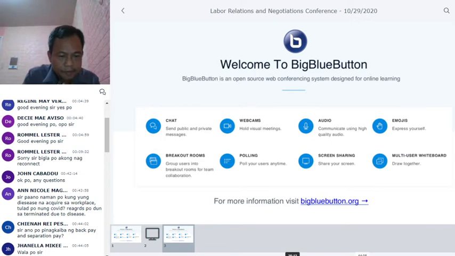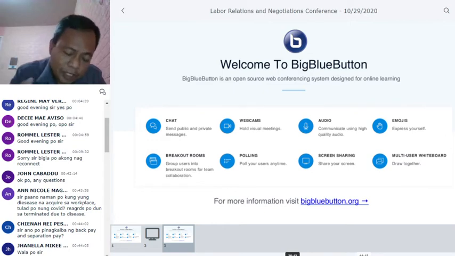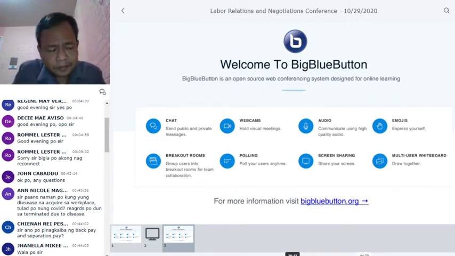So may katanungan po, sir, paano naman po kung yung disease na na-acquire sa workplace, tulad ng COVID? Katulad ng binanggit ko, it is the employer's responsibility to provide for a working environment which is free of any possibility of contraction of any disease.